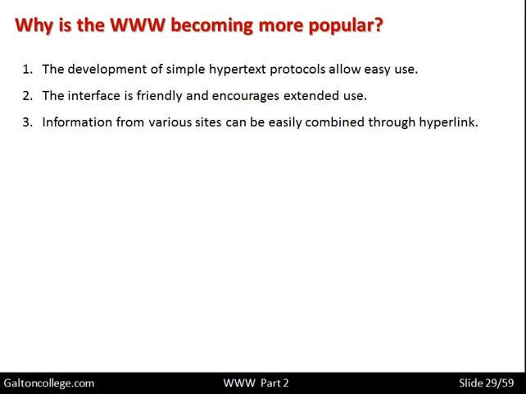Information from various sites can be combined through hyperlinks. It's not linear. We don't have to go from one site to the next to get where we're going. We can jump from one site to some completely different site. We can just follow the hyperlink. And information can be acquired very fast, very efficiently through the use of hyperlinks.